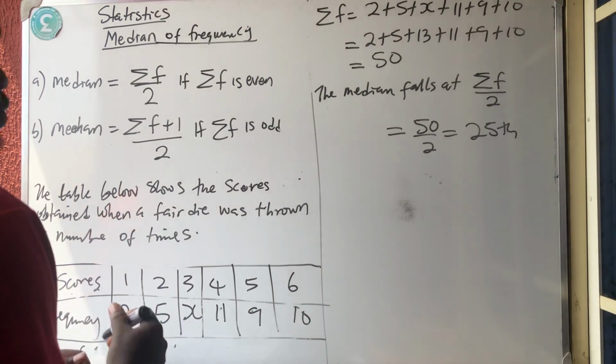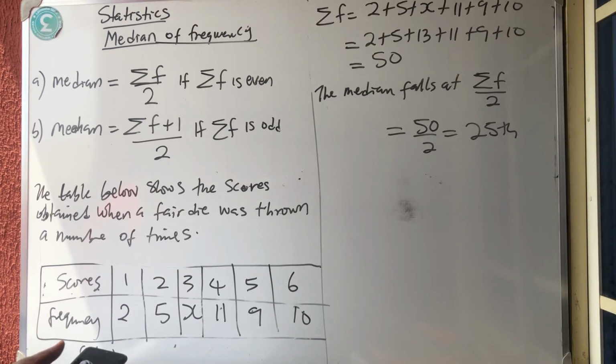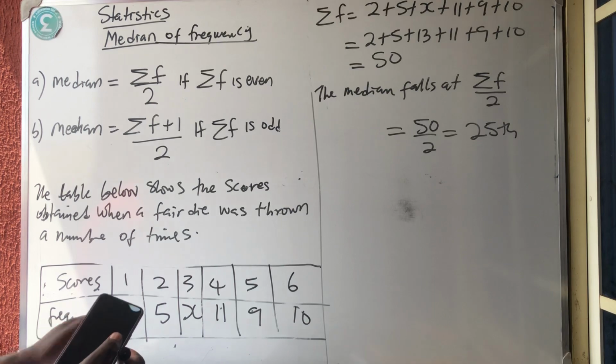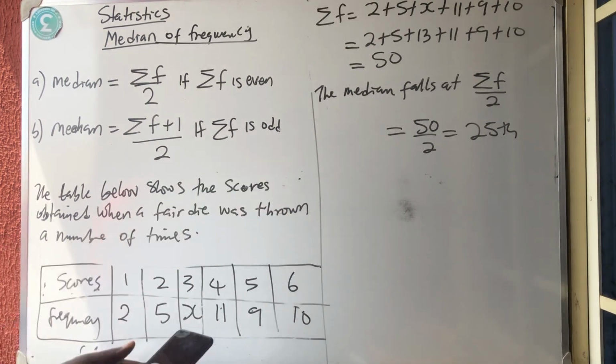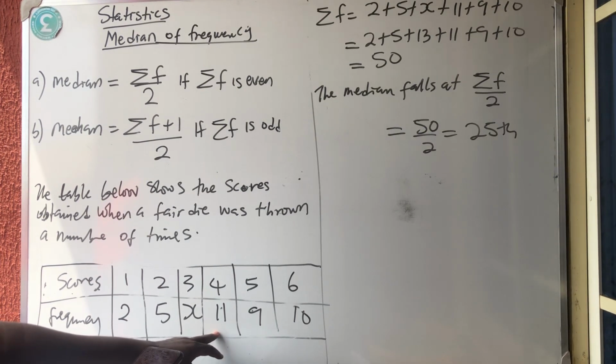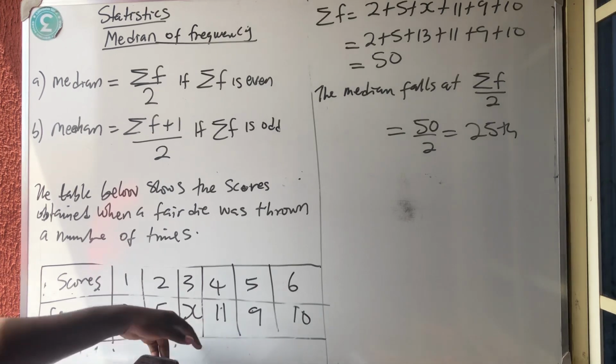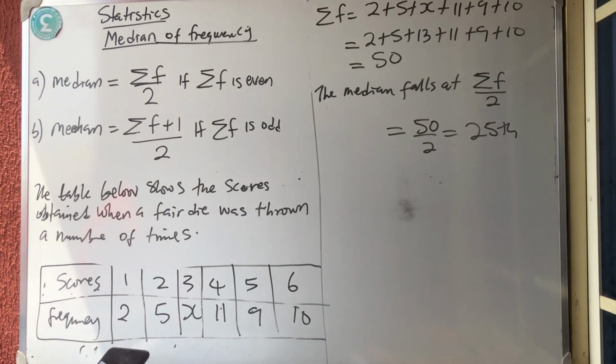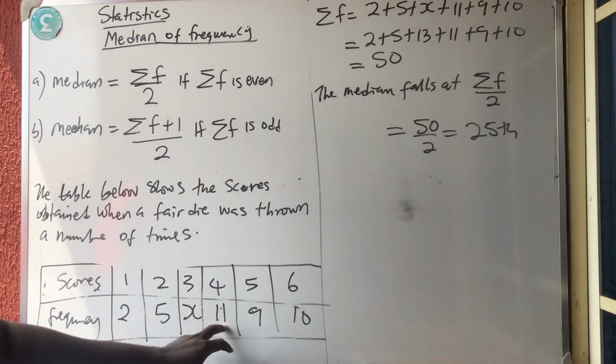So where do you think you can get your 25? Let's start adding your frequency to get 25. 2 plus 5 plus 13 plus 11. So the 25th fell between the 13 and the 11. The 25th falls now at the 11, which is the last one.